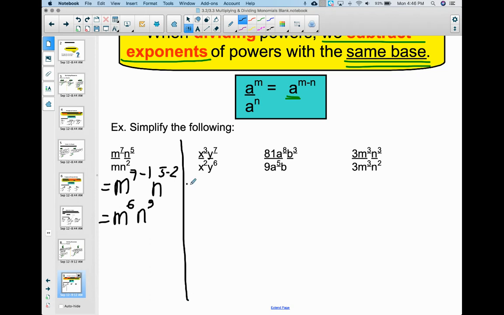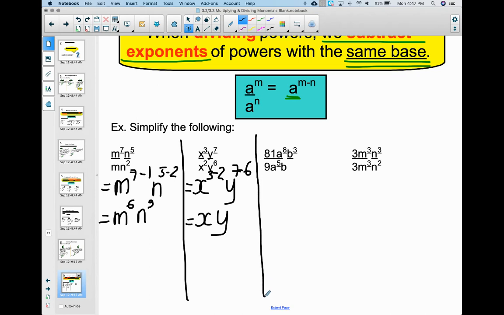So the next example is we can subtract the exponents of x as they are the same base, and then subtract the exponents of the y, which will give us x to the power of 1 and y to the power of 1, which we can simply write as xy.